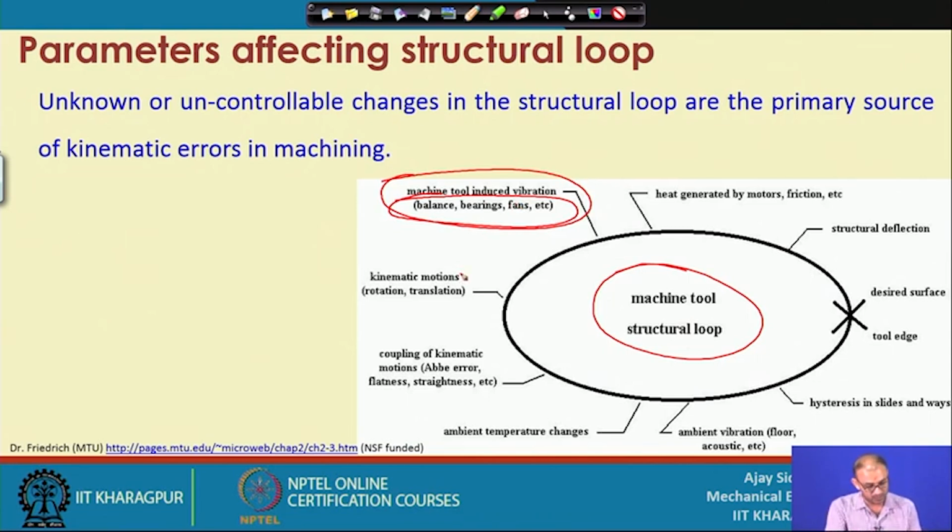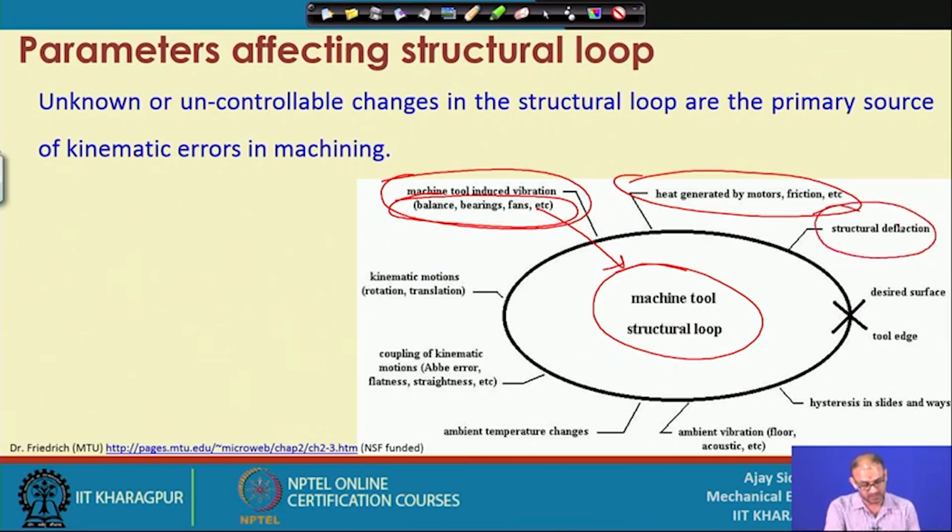It will create a lot of vibrations, and the vibration directly affects your structural loop. Then heat generated by the motor and friction: we know the coefficient of thermal expansion, so material will expand even with a change of 1 or 2 degrees at a micron level, and that is enough.